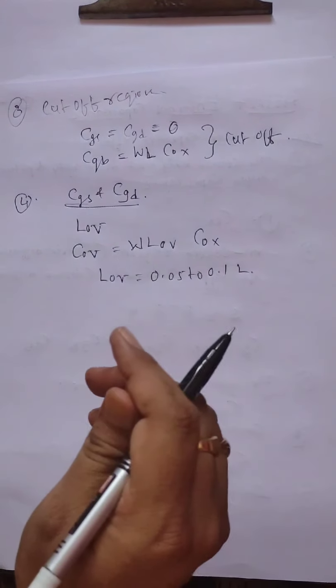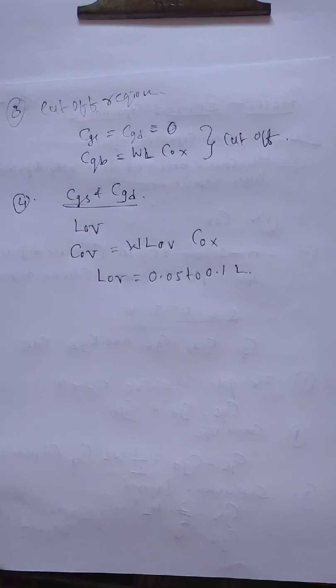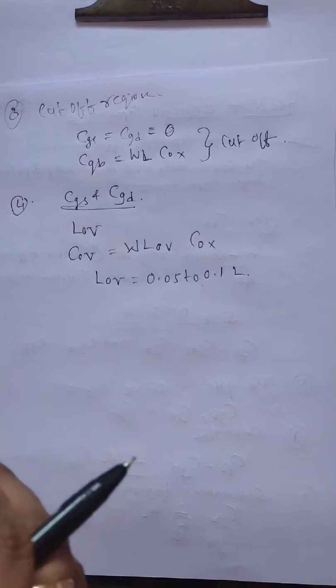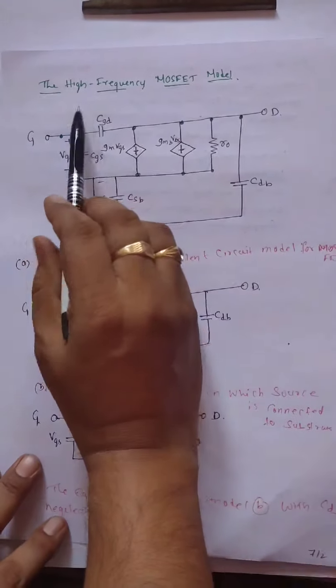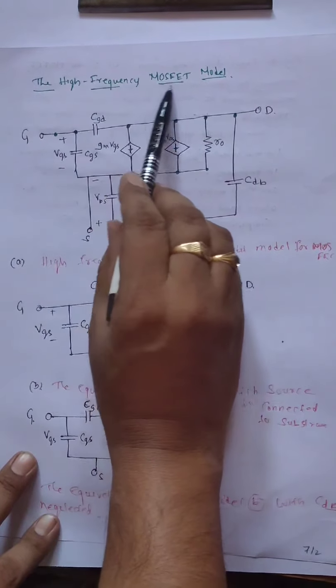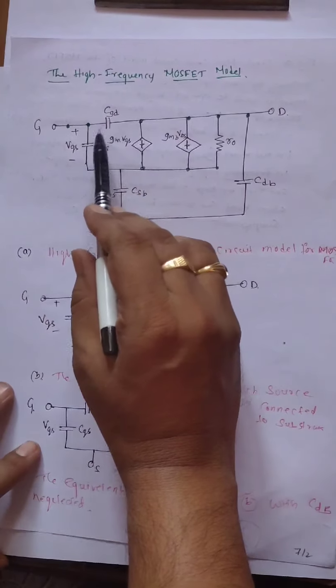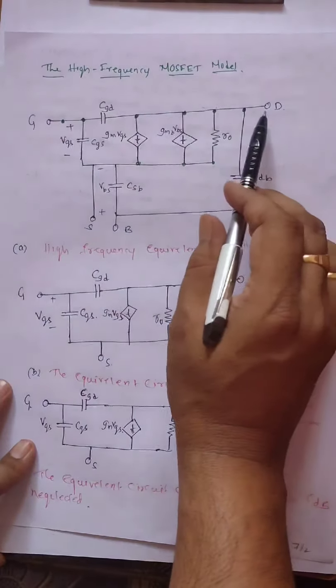So in this way we have studied MOSFET internal capacitance, and some of the high frequency model we will take in the next topic. This is the figure we have shown for our high frequency MOSFET model, where we have introduced the capacitance for each of the terminals.